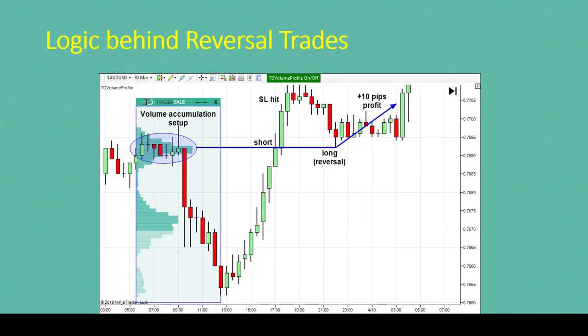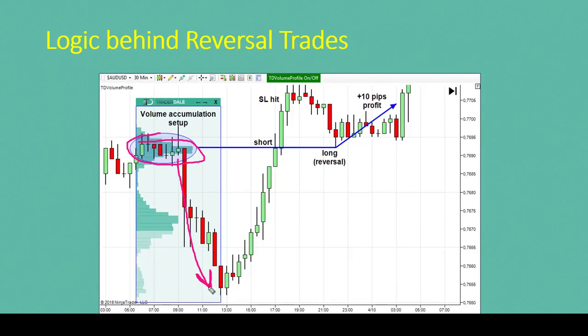The logic behind reversal trades is this. If you look at the picture, you've already seen this one. So let me demonstrate the logic on this picture. Right there you can see heavy volumes of strong sellers who accumulated their selling positions there, and after that they pushed the price downwards.